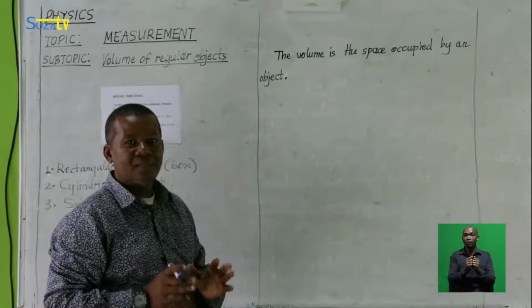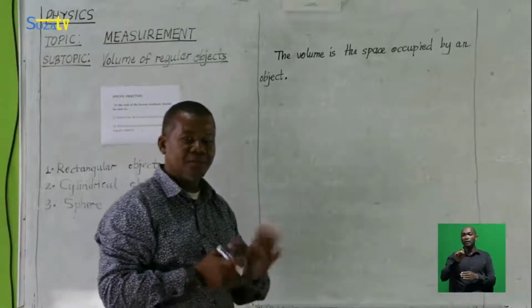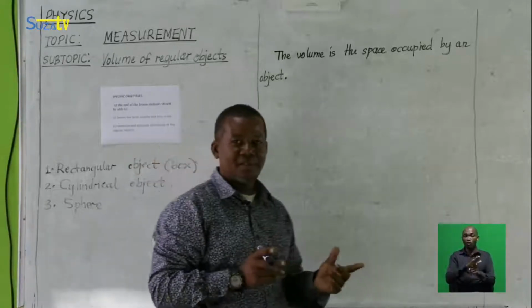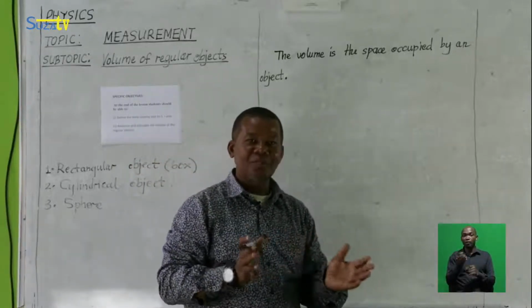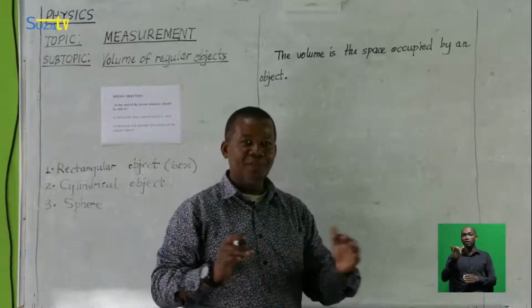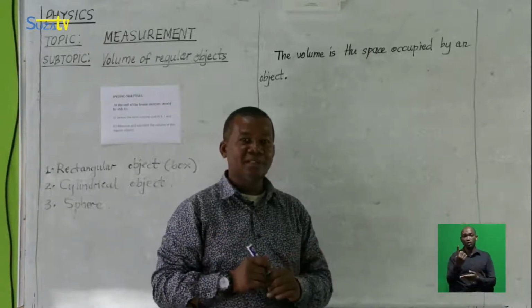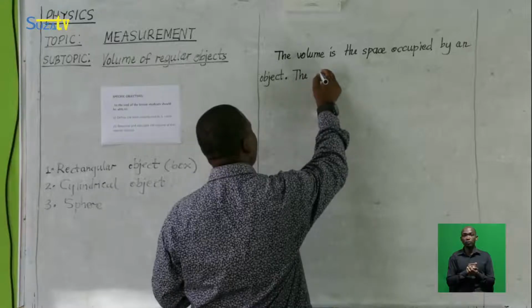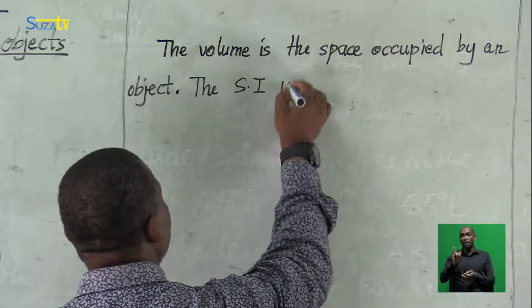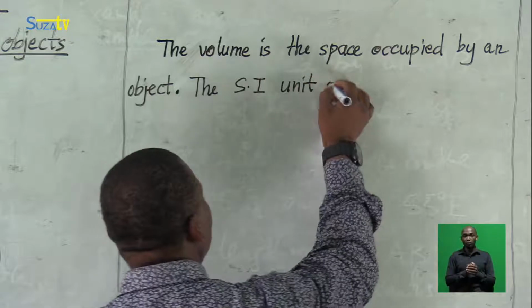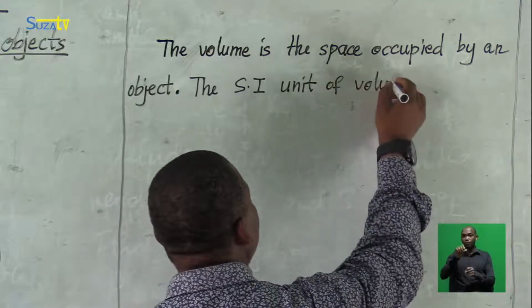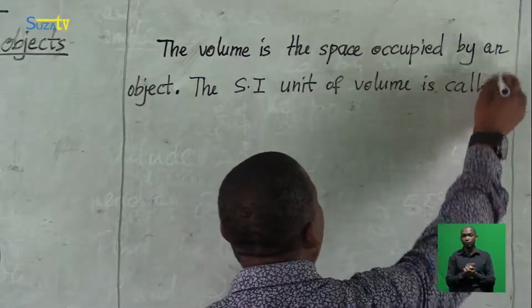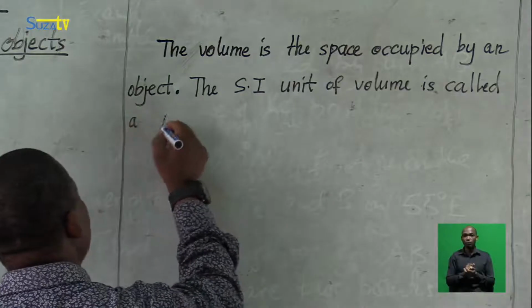If that is the case, then what about the SI unit of volume? Of course, as we have said earlier, volume is a derived physical quantity, so it comes from the multiplication of more than one fundamental physical quantity. So the SI unit of volume is called meter cube.